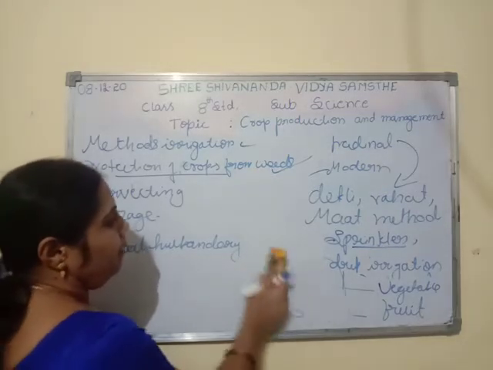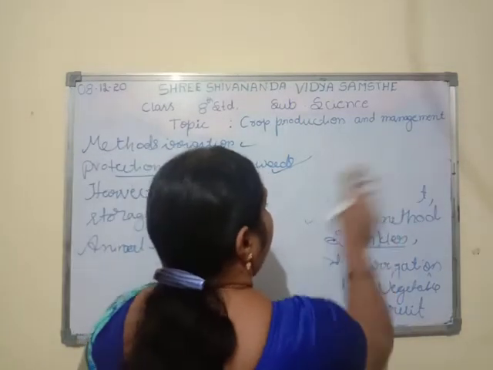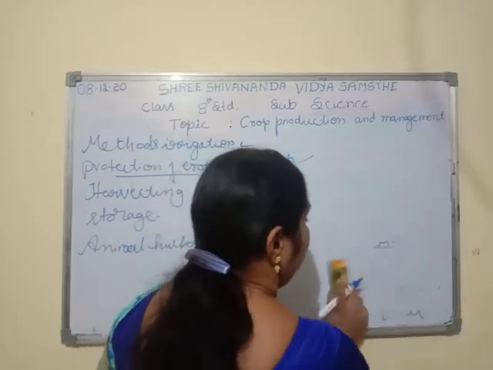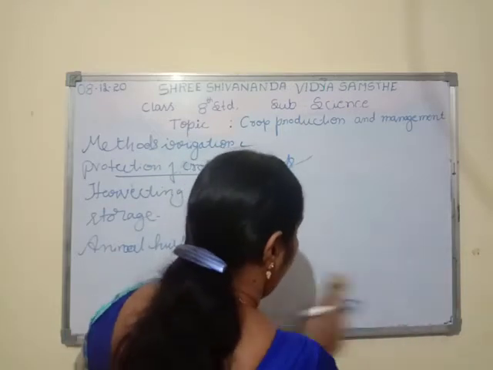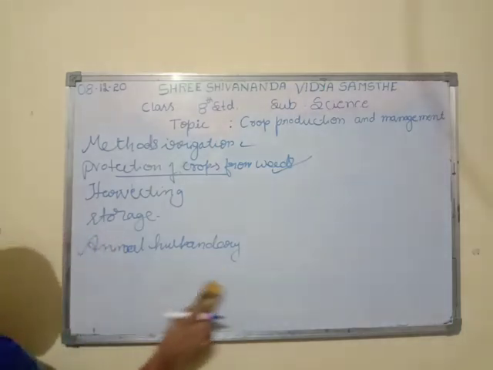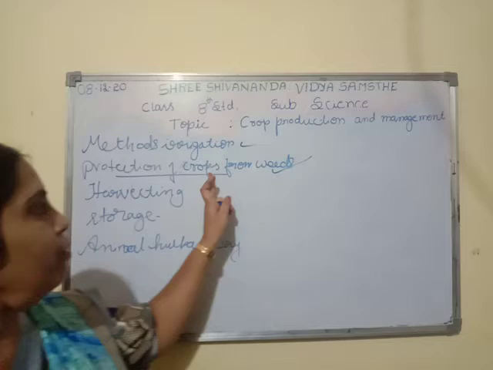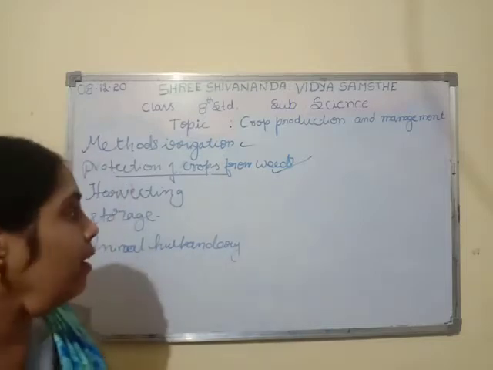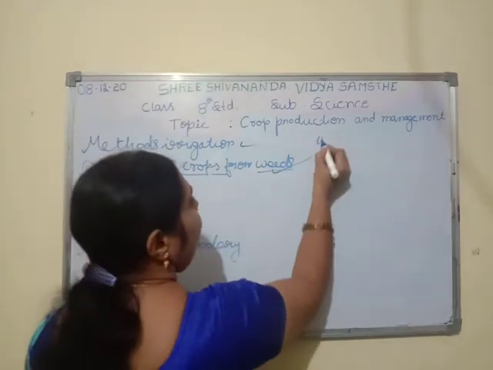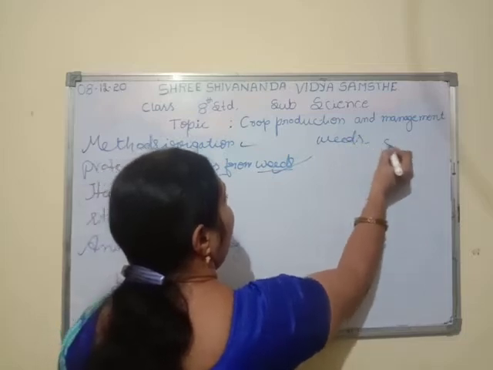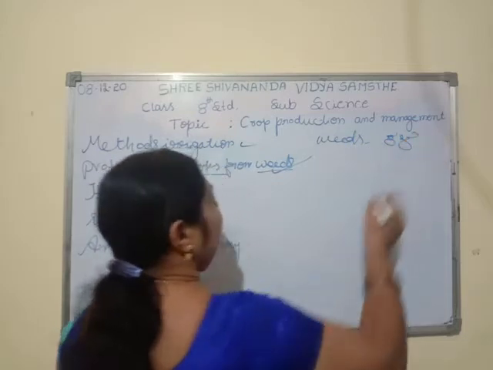What is the next step? Okay, after irrigation, the next step of crop production is protection of crops from weeds. So here, one thing is, what is meant by weeds? Weeds, what is that? Kale, what is kale?